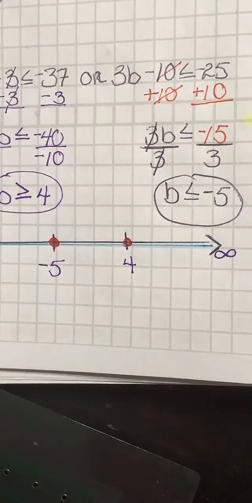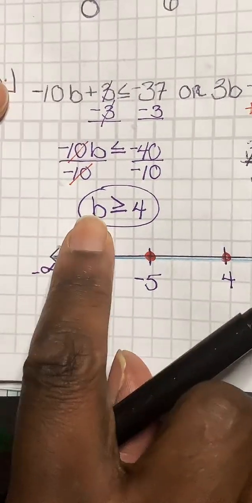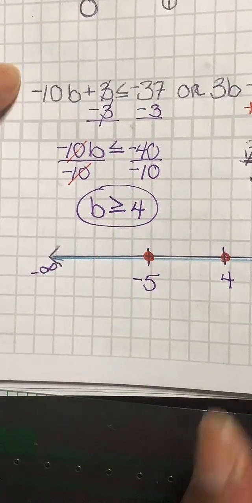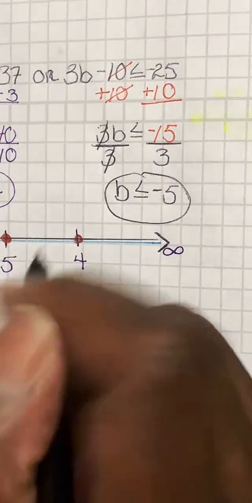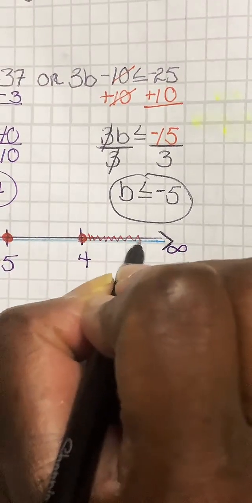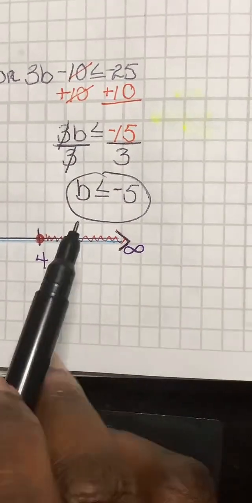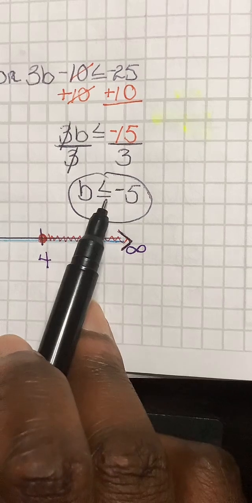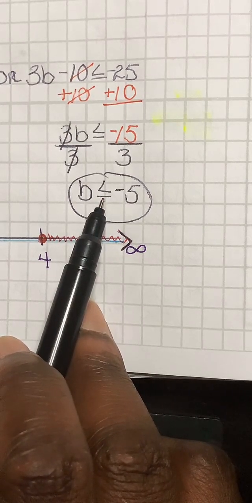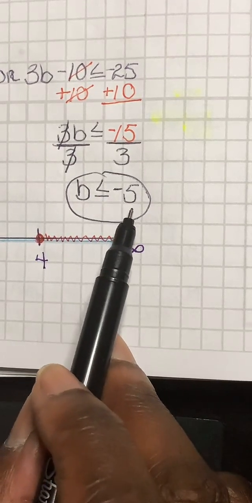So now let's take it step by step. For the B, it says B is greater than or equal to 4. So that means we're looking at numbers starting at 4 going all the way up to positive infinity. Then we have B is less than or equal to -5.